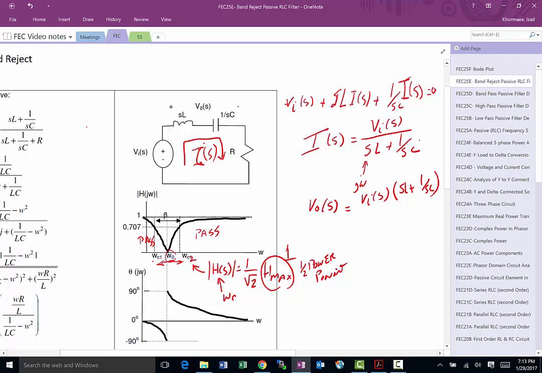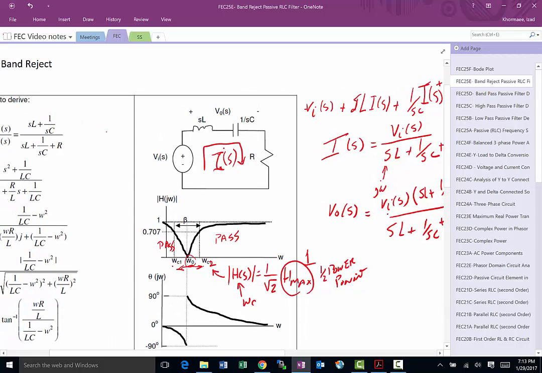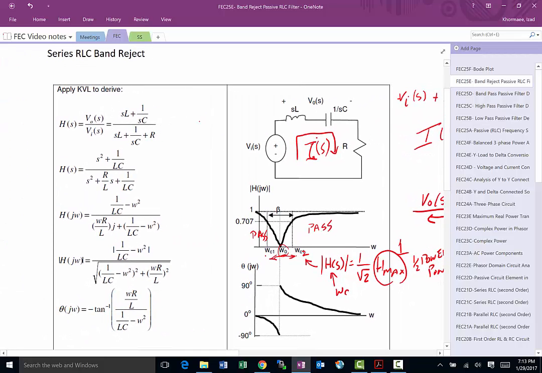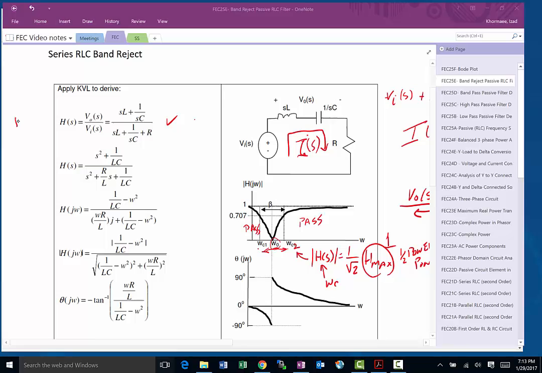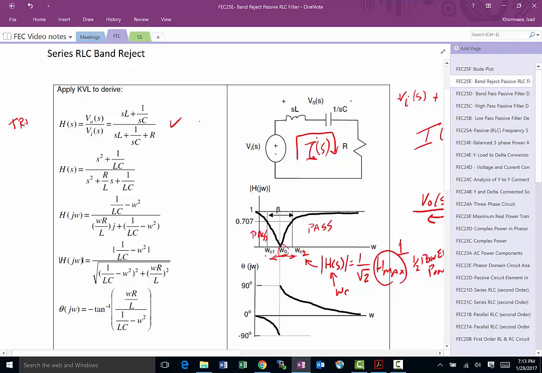And then, sorry, there's an R in here that I forgot to put in, so it is divided by SL plus 1 over SC plus R. Okay, so if that's the case, we can bring this down here, and we end up with an equation that looks like this. And now we have the transfer function for a band reject filter using a series RLC. So R, L, and C are all in series.